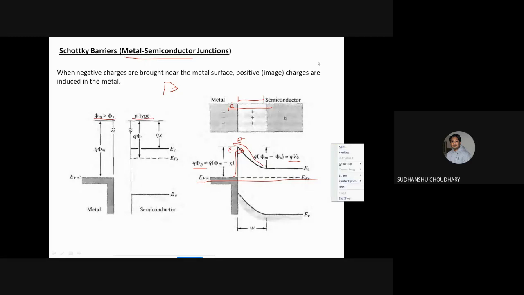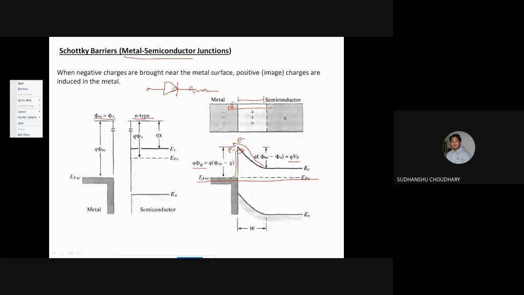So let us say I have a diode over here. Now this diode will obviously be connected to some other diode or some other MOSFET or some other circuit element, maybe a resistor or anything, right?